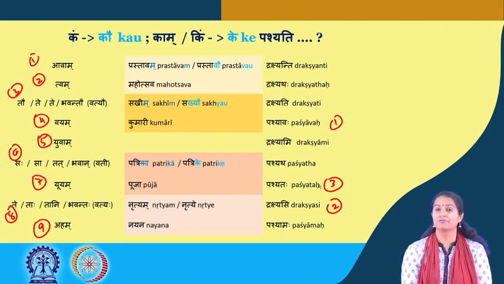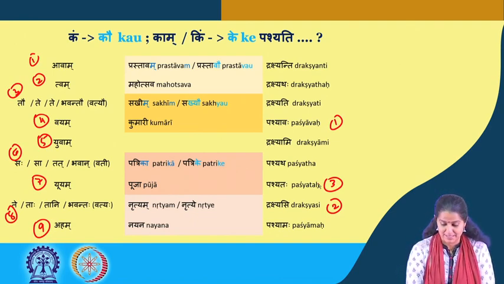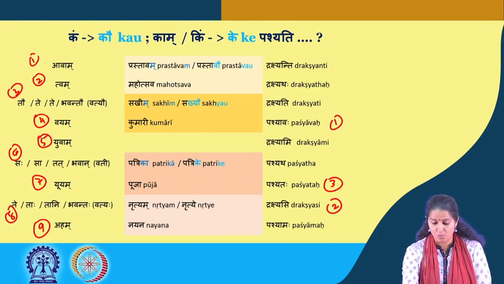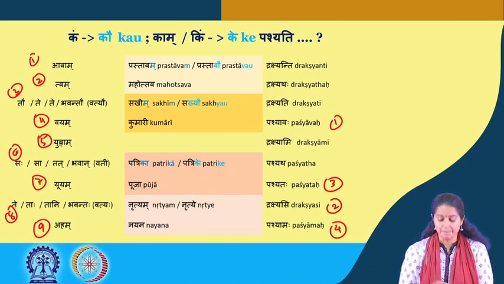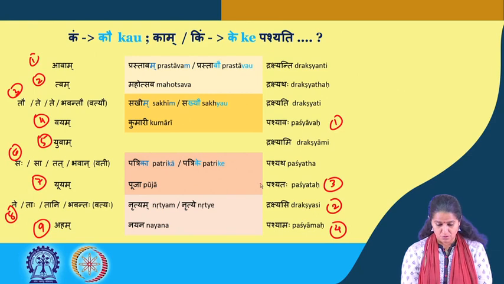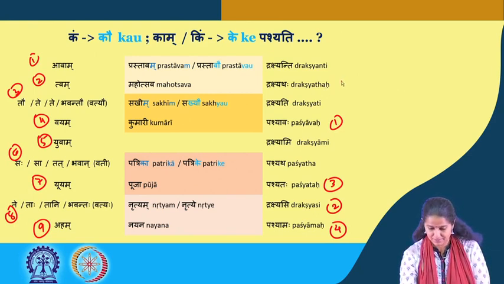So, I've also brought in the future here for us to practice. Next, vayam will go with pashyamaha. Yuvam will go with pashyataha or drakshataha.